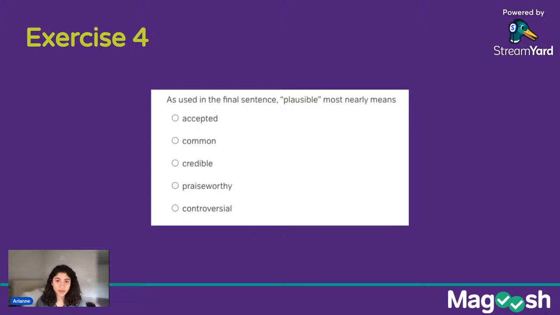It says controversial, but on the opposite way. We don't know if that opinion is controversial to everyone, like if the audience, or the people in the world that this author is living in, think that his or her opinion is controversial. We don't know that. We would be assuming, inferring something. And also that doesn't match our word plausible. Therefore, our correct answer would be C, credible.